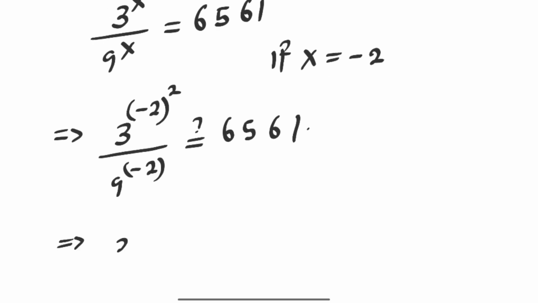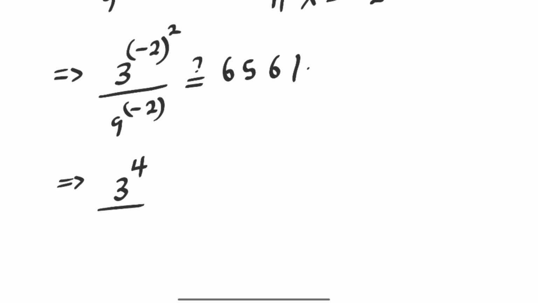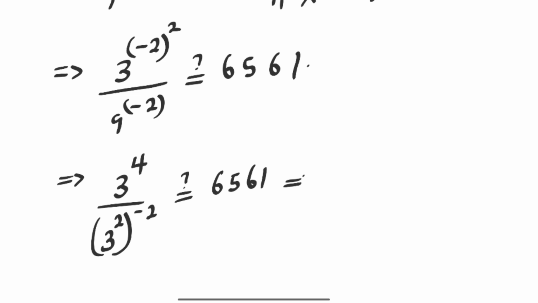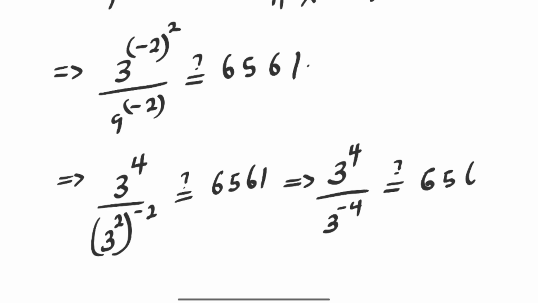Now we have 3 raised to power minus 2 square, that is 4, divided by 9 raised to power minus 2 can be written as 3 square to the power of minus 2 must be equal to 6561, and this can be written as 3 raised to power 4 divided by 3 raised to power minus 4 must be equal to 6561.